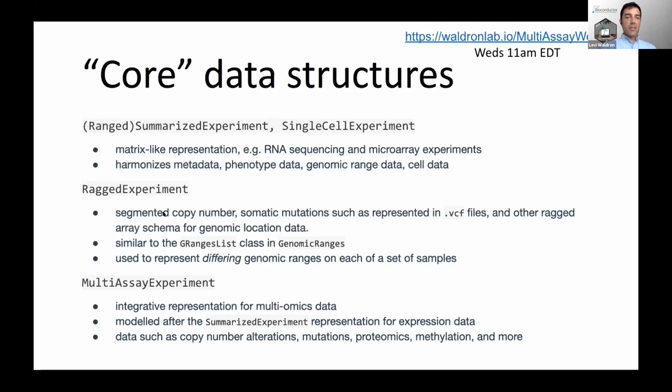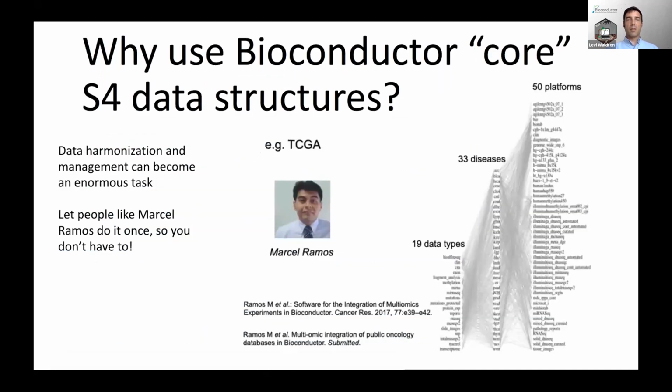RaggedExperiment is intended for copy number data, somatic mutations, such as represented in VCF files, and other sort of ragged data where we have different sets of genomic ranges or genomic segments or points per sample. And finally, MultiAssayExperiment, which is for collections of these different kinds of data for multi-omic studies.